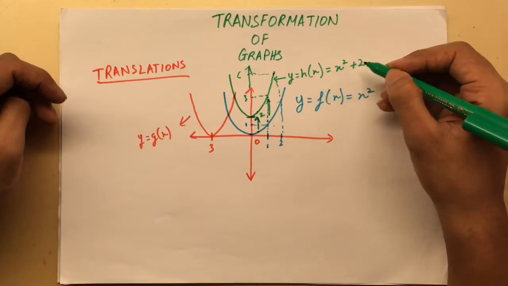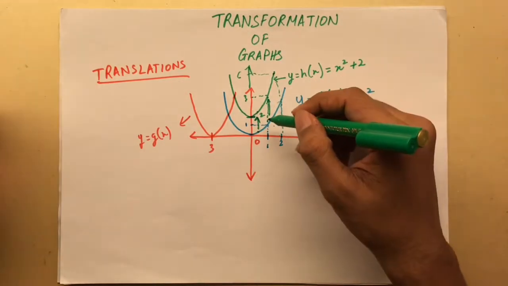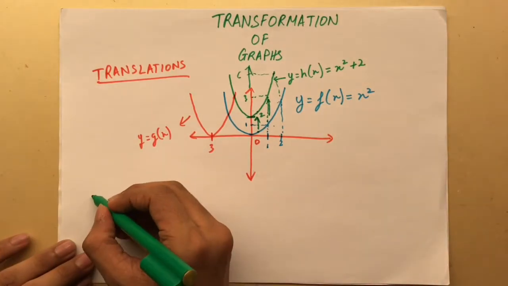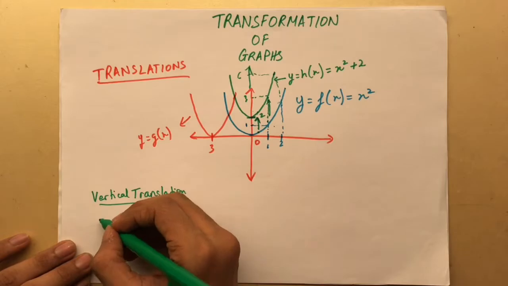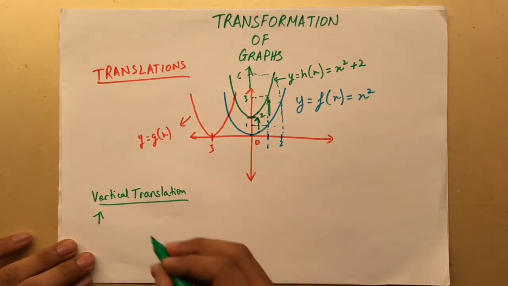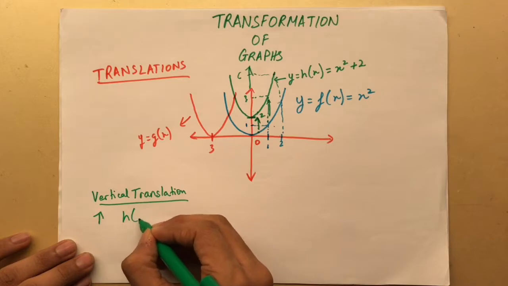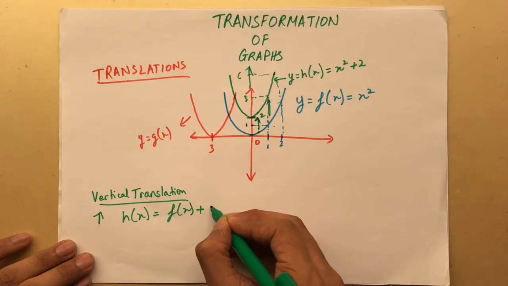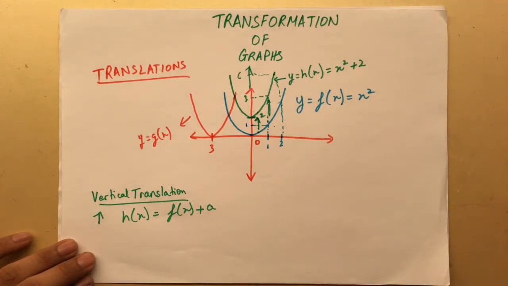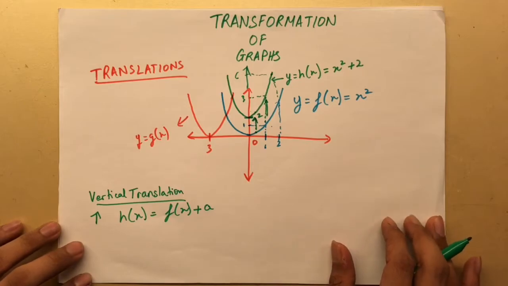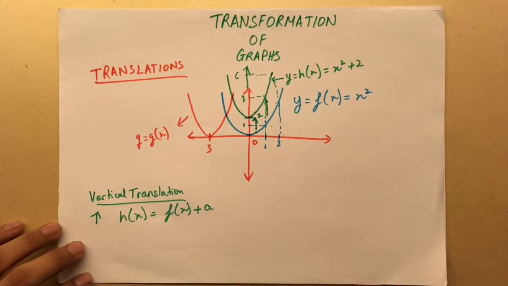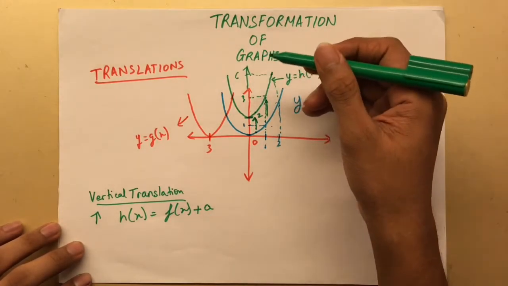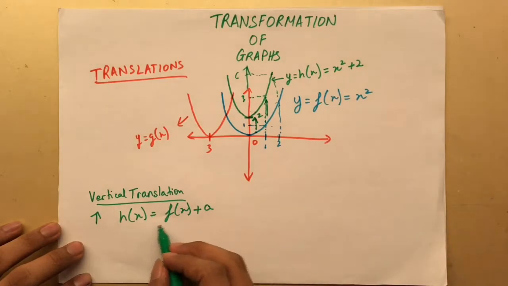And if I put 0 here, I'll get 2. If I put 1 here, I'll get 3. This is the same thing that's supposed to be happening for the green function. So for a vertical translation, if I'm moving upwards in the positive direction, the changed function would be the original function plus the factor of the translation. If I'm doing a vertical translation of a factor of a, then I'd be moving it up by a units, and so this would be the function.